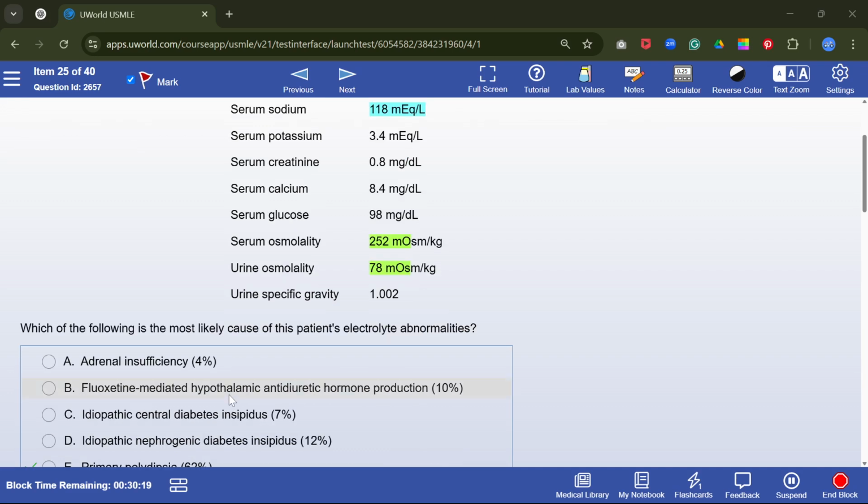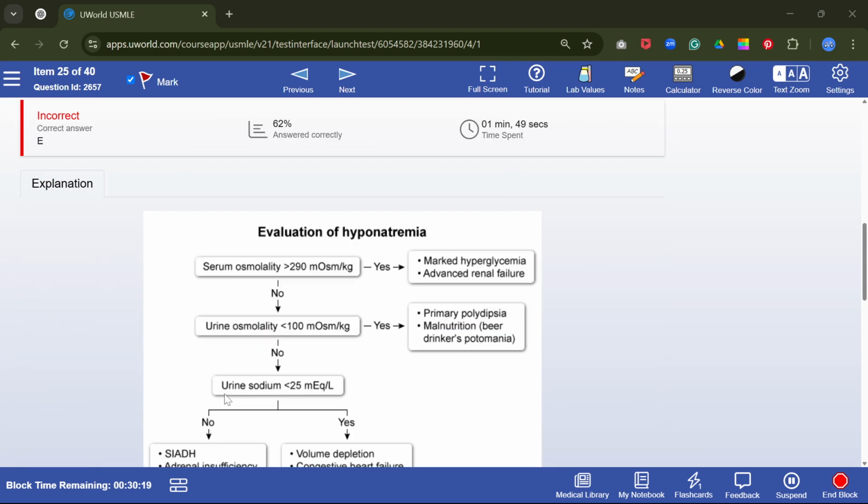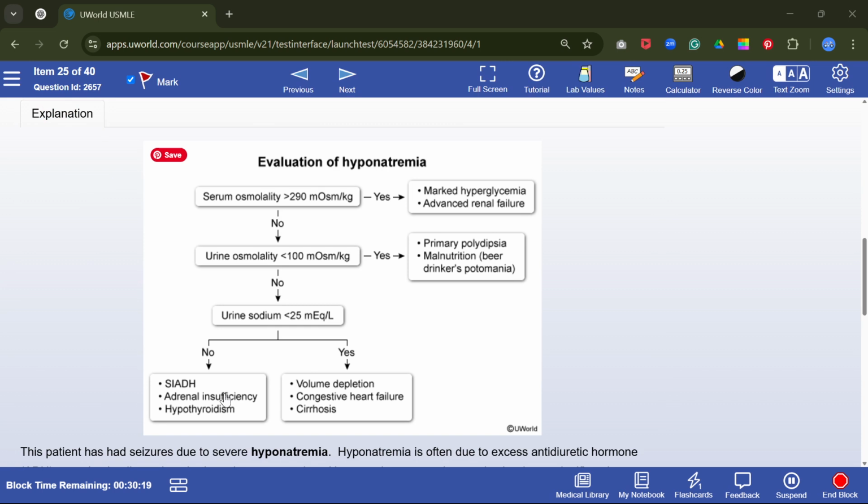Looks like it is primary polydipsia. Why? If we read this flowchart, then we can remember this. If somebody has hyponatremia, for evaluation of hyponatremia, first do the serum osmolarity. If serum osmolarity is more than 290 milliosmol per kg, it is AM, like advanced renal disease and marked hyperglycemia.